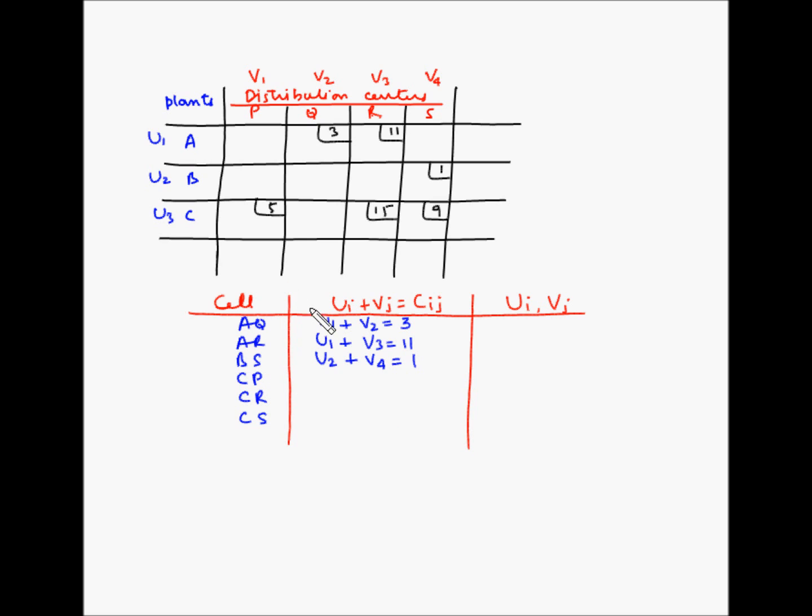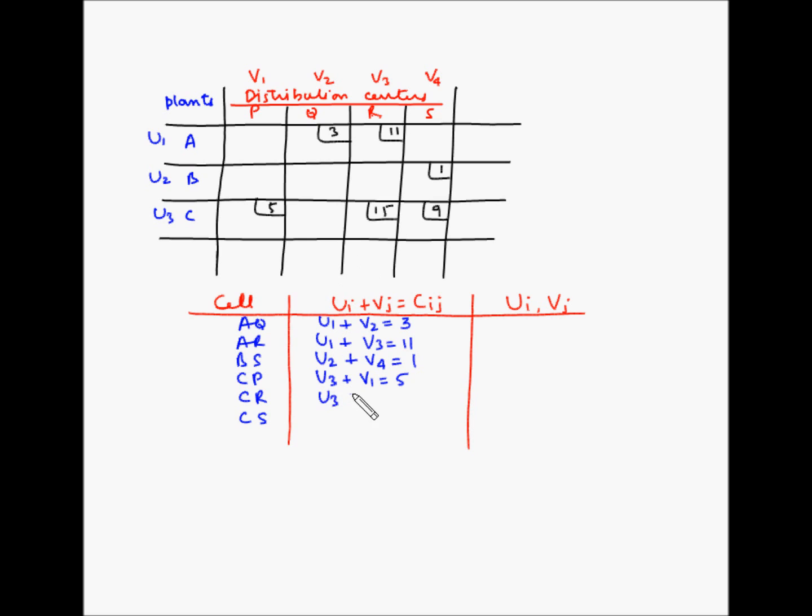For CP, Ui is U3 and Vj is V1 and Cij is 5. So U3 plus V1 is equal to 5. For CR, Ui is U3 and Vj is V3 and Cij is 15.